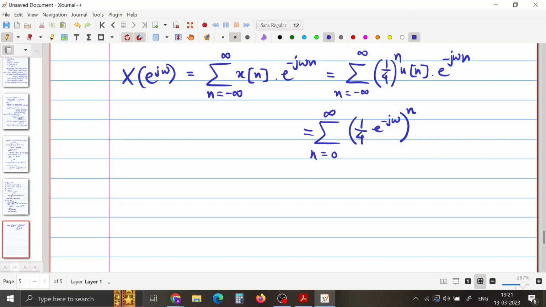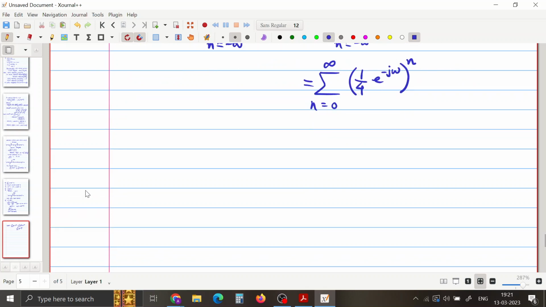So we can apply the formula 1 by 1 minus a. Exactly, that's the infinite GP series summation formula: S is a by 1 minus r for an infinite GP series with first term A and common ratio R. Here the common ratio r is 1/4 e power minus j omega, and the first term, putting n equals 0, is a equals 1.